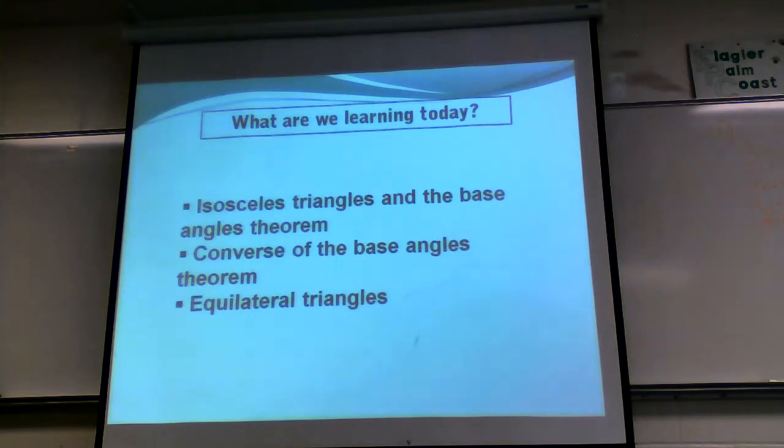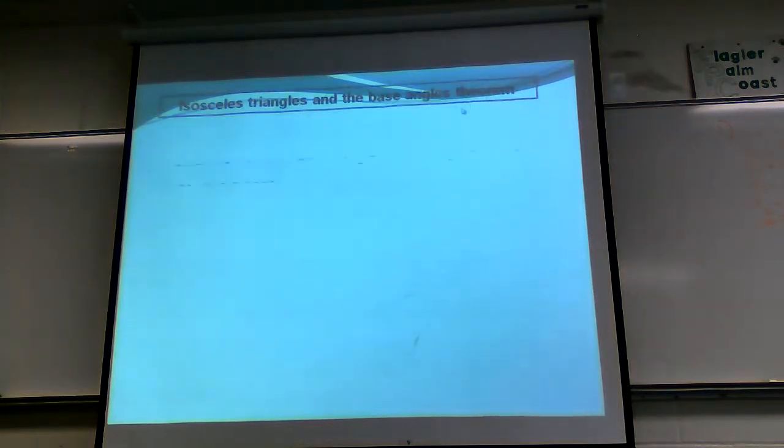All right, so the first thing, and if you look up there right now, it says you're basically dealing with two types of triangles, isosceles and equilateral. So as this goes, remember isosceles triangles are triangles that have two congruent sides.